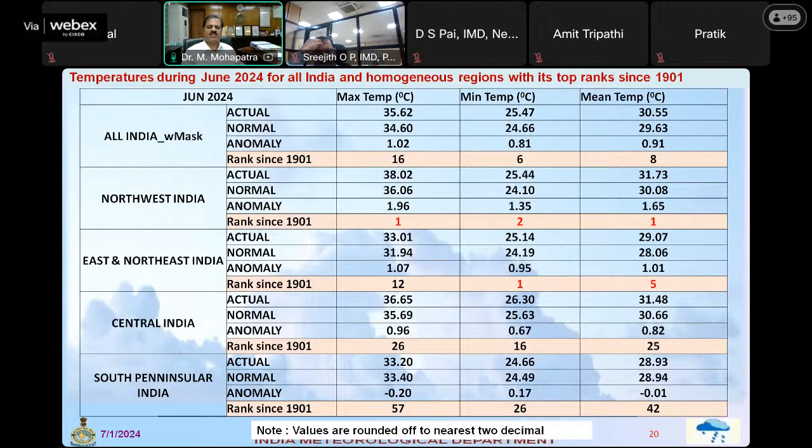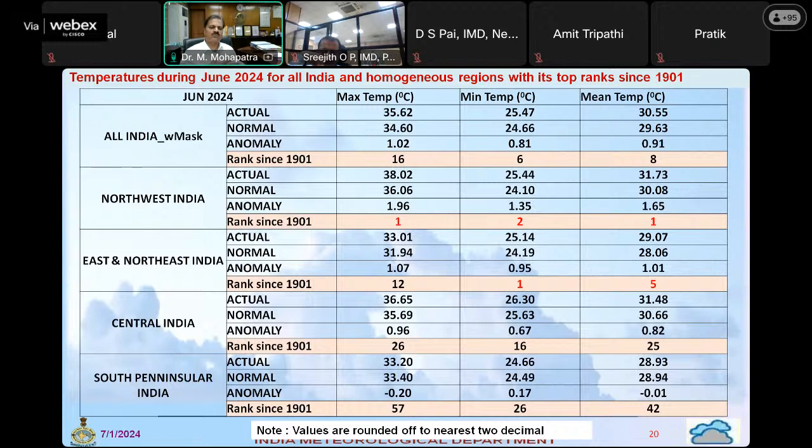So what I want to say is that northwest India was most affected because of the rise in temperature that we have seen in terms of the heat waves, their duration, their intensity, and frequency. East and northeast India, if you just look at, it was 12th rank in maximum temperature, and minimum temperature was the highest in this area.